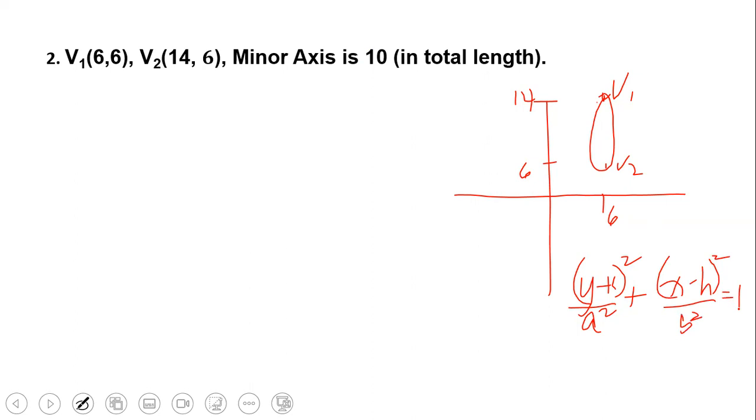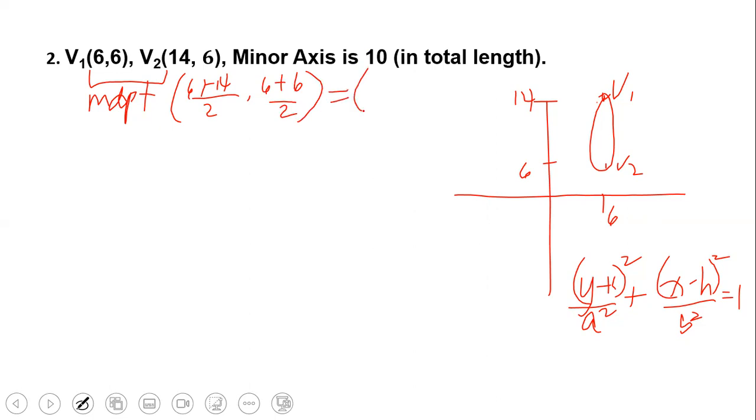So, let's get the midpoint. To get the center, it is (6 plus 14) over 2 and (6 plus 6) over 2. This will be 20 over 2, which is 10, and 6. So this is the center.